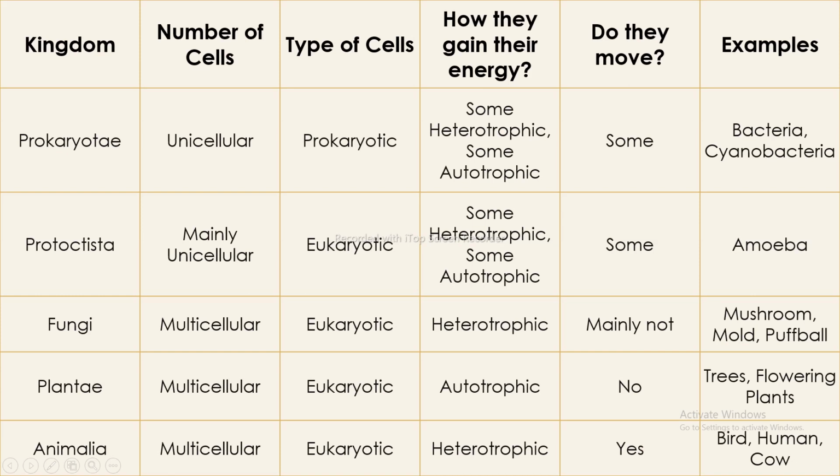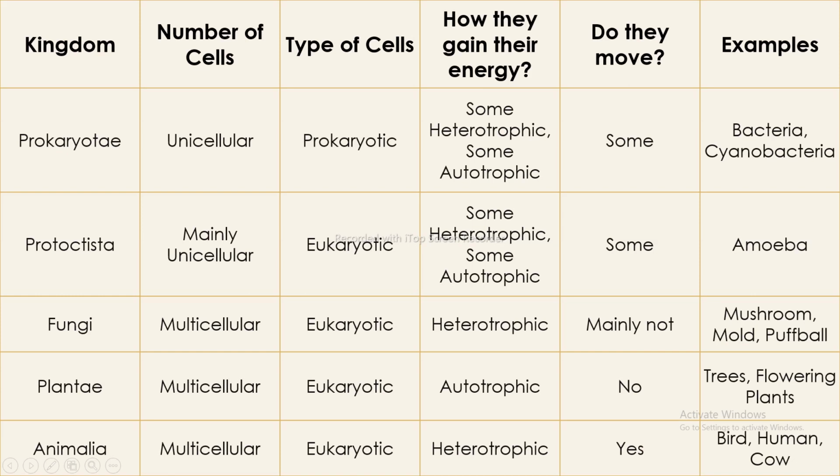Next is kingdom Protoctista. Protoctista are mainly unicellular. Types of cells are eukaryotic and some are heterotrophic and some are autotrophic. And some can move. An example is amoeba. Next is kingdom Fungi. These are multicellular.